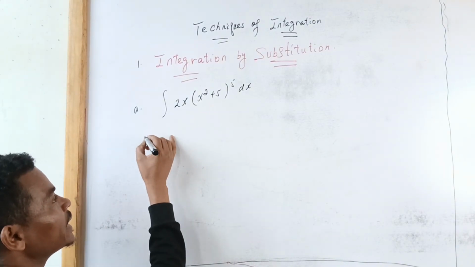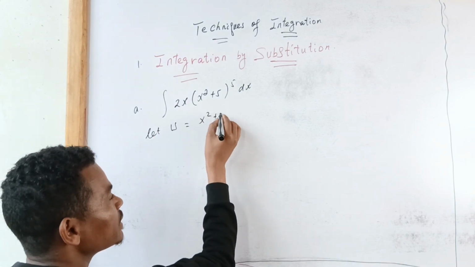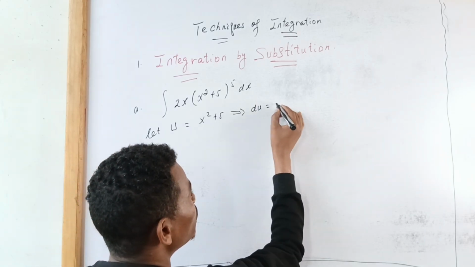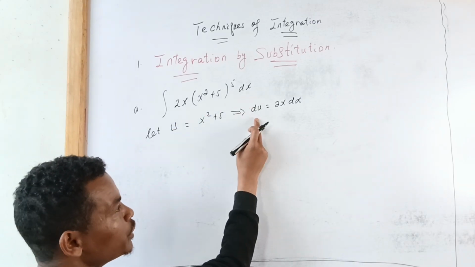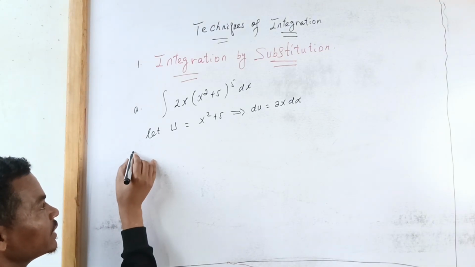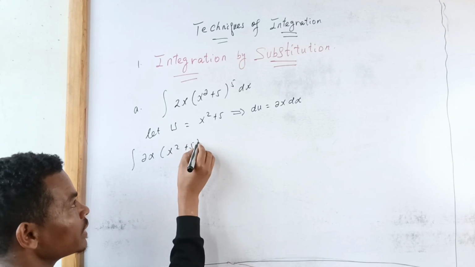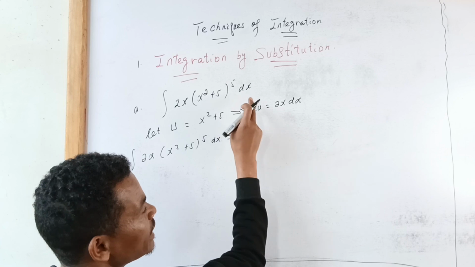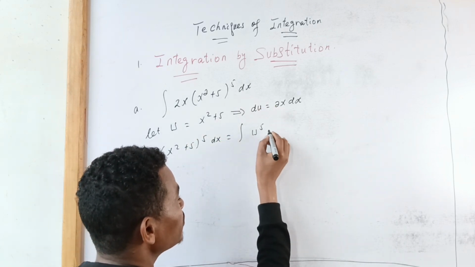Let u equal x squared plus 5. This implies du equals 2x dx. Now, in place of 2x dx we replace du, and in place of x squared plus 5 we substitute u. That is, the integration of 2x times (x squared plus 5) to the power of 5 dx equals the integration of u to the power of 5 du.